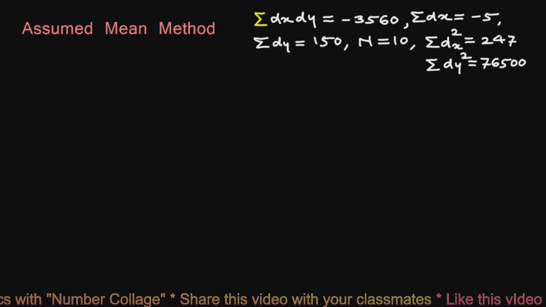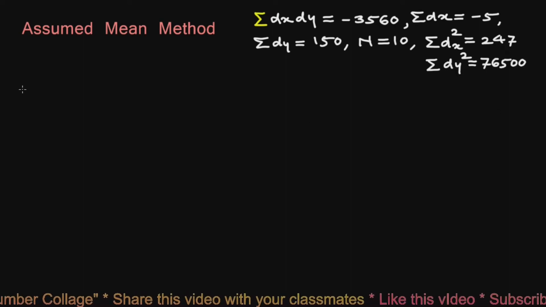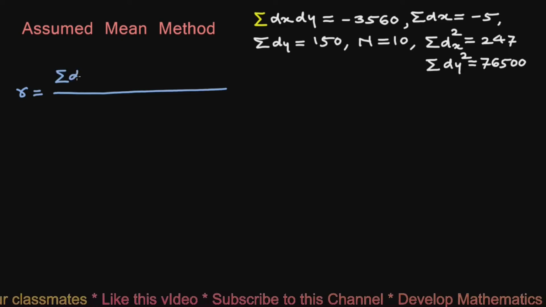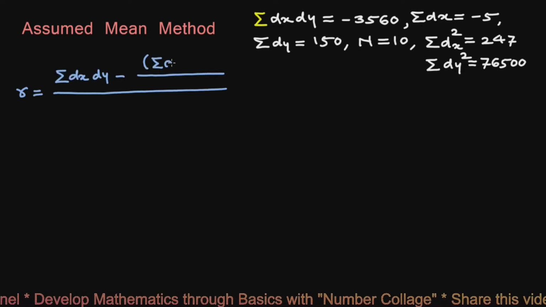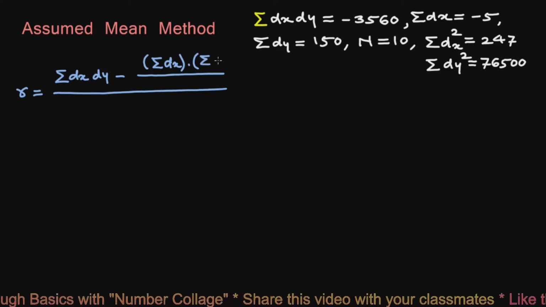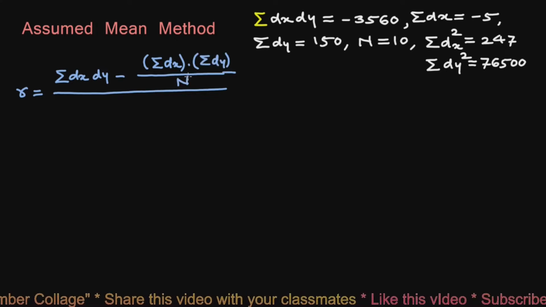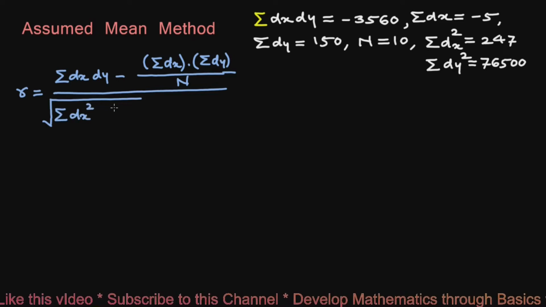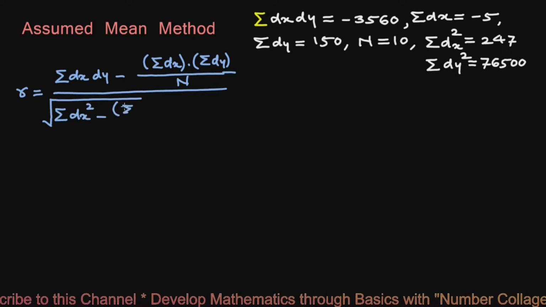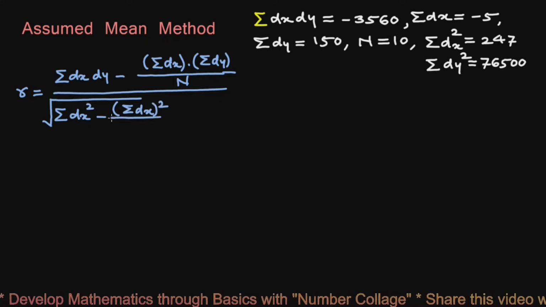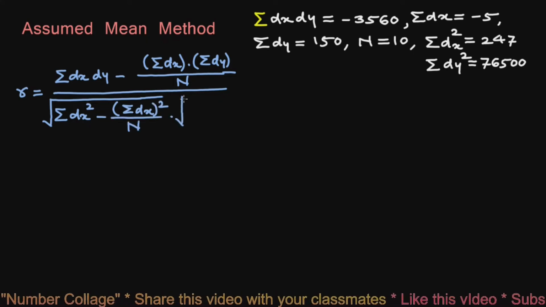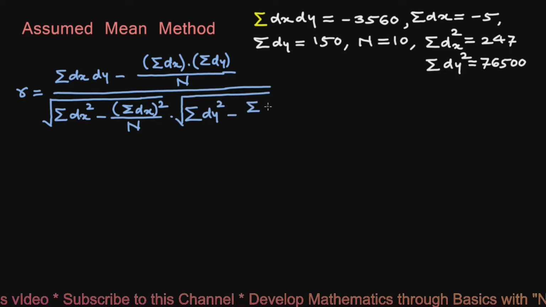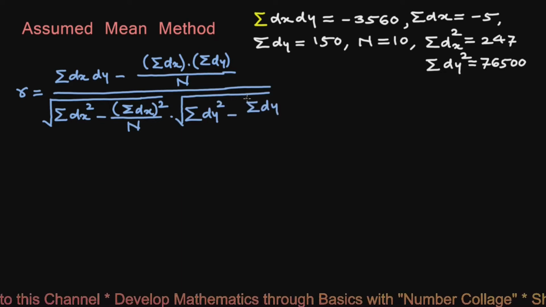Now we will use these values in the formula for r, which is summation dx dy minus summation dx into summation dy upon n, upon square root of summation dx square minus square of summation dx upon n, into square root of summation dy square minus square of summation dy upon n.